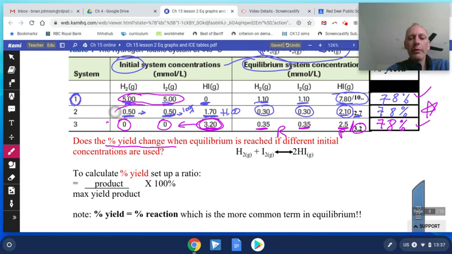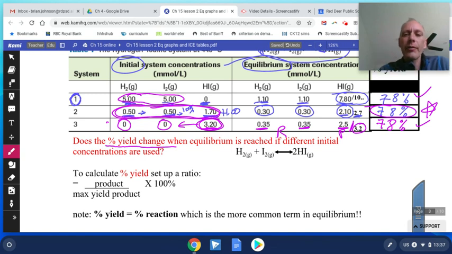Or you can start with a mixture, some reactant and some product, and you'll still get 78%. So what this is telling us is that every chemical system, every chemical reaction has a predetermined equilibrium position that it will reach, and it doesn't matter what you have for ratios of reactants and products. They all end up at the same final spot.